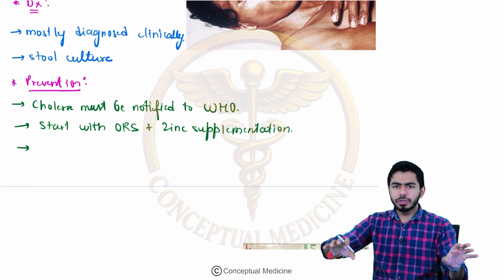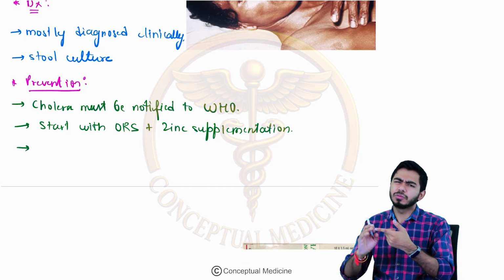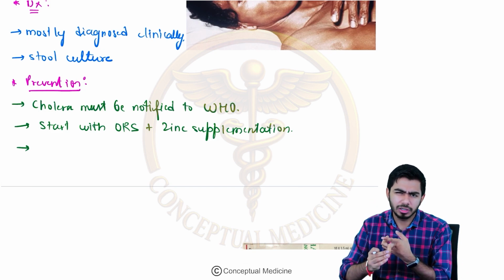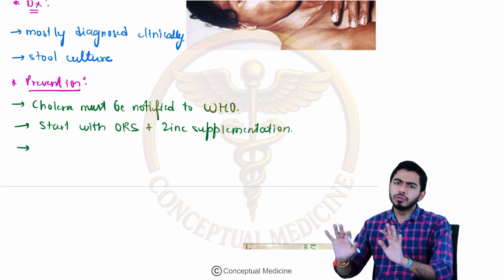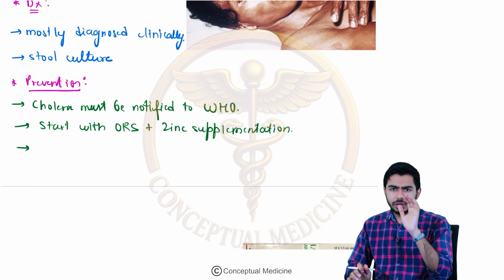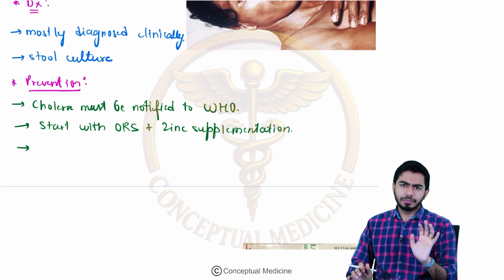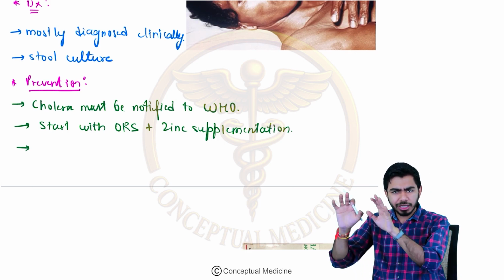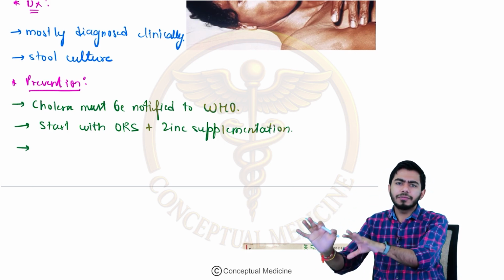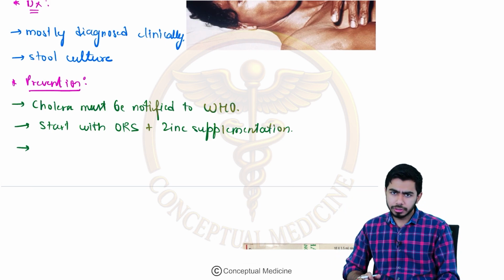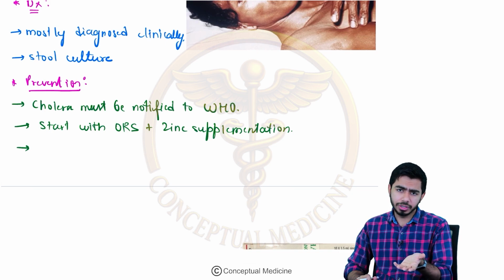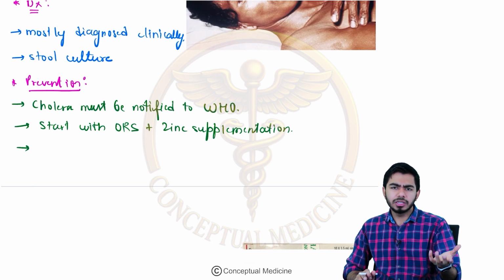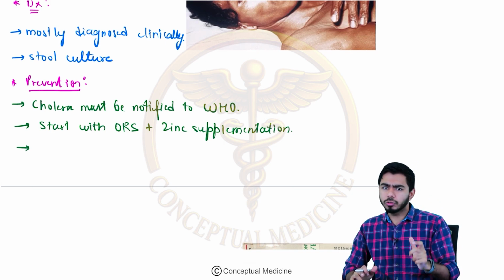Once you stabilize your patient with IV fluids, we are not giving vasopressors or cardiotonic drugs here. We are stabilizing our patient with IV fluids only, if the patient is not taking fluids orally. Then after that we can think about antibiotic treatment. Obviously we need to give an antibiotic because we are treating Vibrio cholerae, but when to give it is a question in itself.